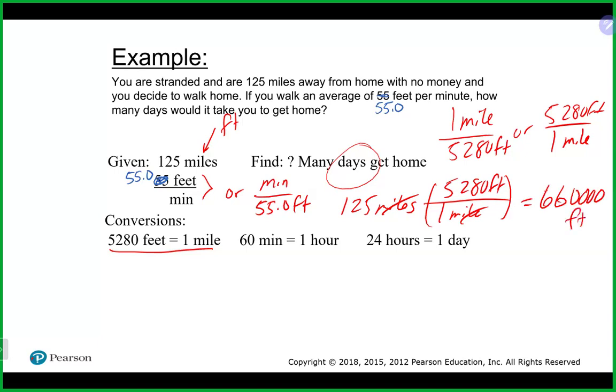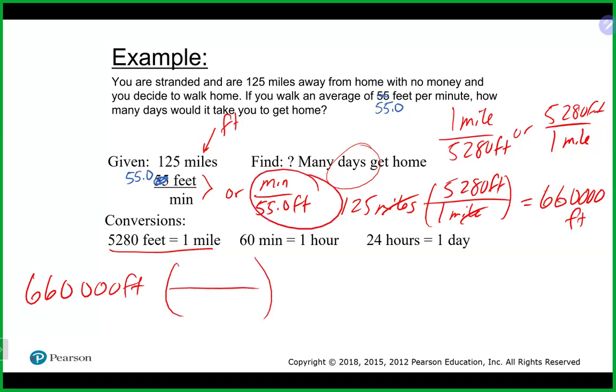So I'm going to take that now, and now I could use it with my conversion factor, 660,000 feet. We're going to go feet on the bottom, so we will want to use it here on the right. And we'll do our 55 feet per minute. That is what's going to get rid of our distance here.